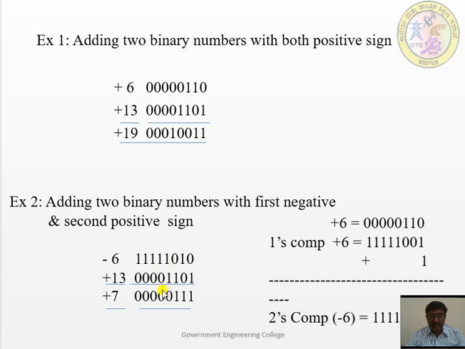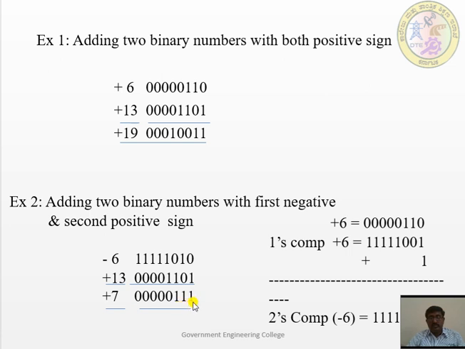Once again 1 plus 1 is 0, carry generated, 1 plus 1 is 0, carry generated, 1 plus 1 is 0, 0 at the last bit. We are just taking 8 bits, so the 9th bit, which is 1, will be neglected. Its value will be 0 as the first bit, so it is a positive number. Minus 6 plus 13 is 7. What is the binary value of 7?